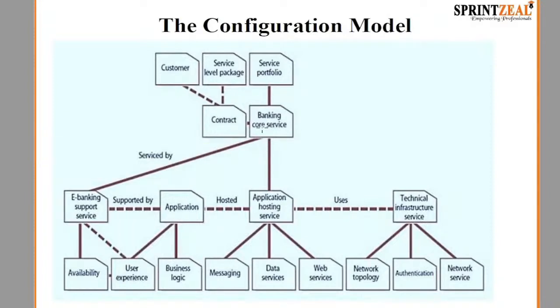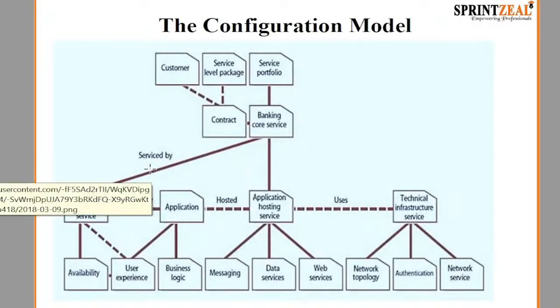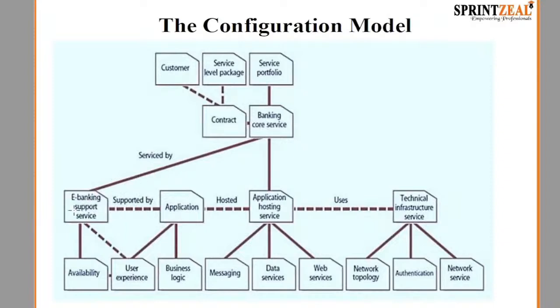That contract could also have information about banking core services, which could also be a configuration item. And that banking core service, such as providing loans to small businesses or individuals, is serviced by e-banking support service. That service is supported by an application, which is hosted by an application hosting service that uses a technical infrastructure service.